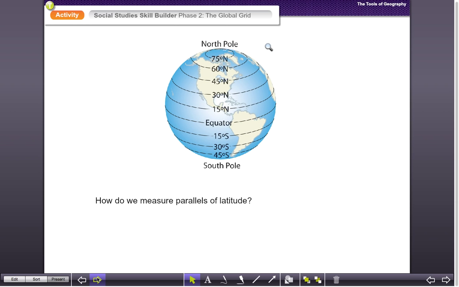So the question then is, how do we measure parallels of latitude? Now if you're not sure what parallels are, it means that these lines essentially are side by side. They never intersect, they never cross over. We measure them with degrees, okay?